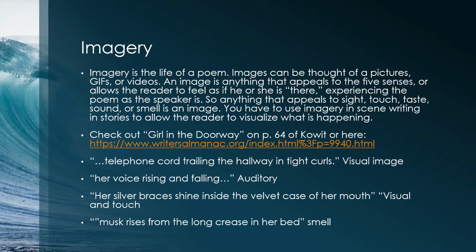It's like in scene writing, whenever you're trying to write the scene as if the reader can visualize exactly what is happening as if they're watching through a camera, you're using imagery. You have to use imagery in scene writing and stories to allow the reader to visualize what's happening, but also to feel it in other ways.